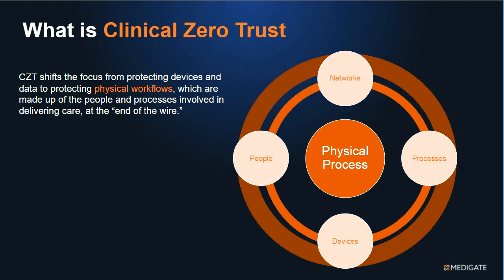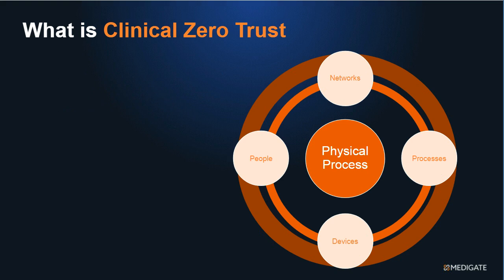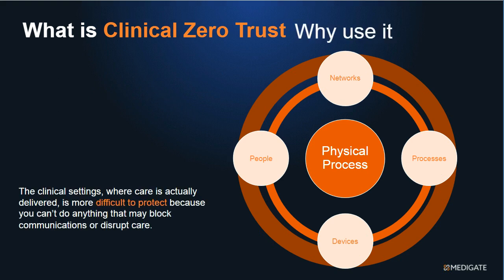So instead, what we have to do in clinical zero trust is move that idea of where our protect surface is from being just the device or just its data to remembering what it's doing. We're going to protect the physical process in totality rather than just its data.